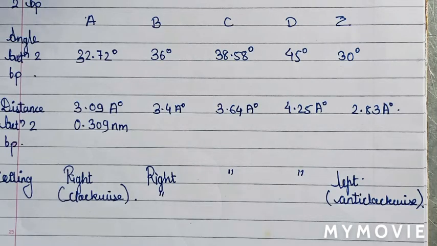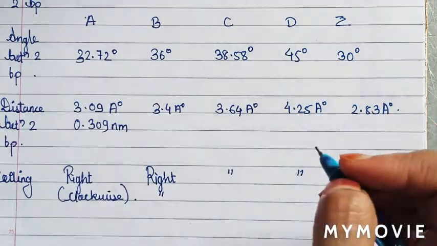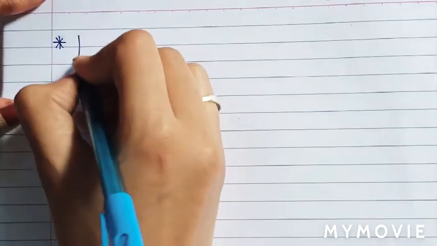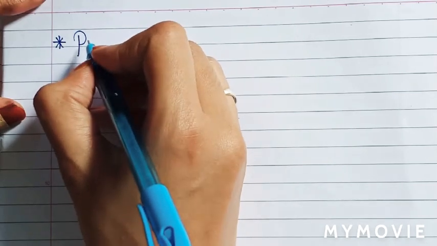Now we are going to see some important concepts of DNA: palindromic sequence, denaturation and renaturation of DNA, and hyperchromatic effect. So we will see on the next page. What is a palindromic sequence?